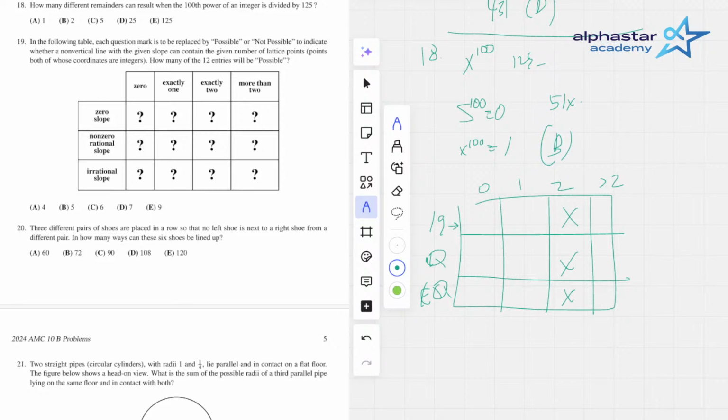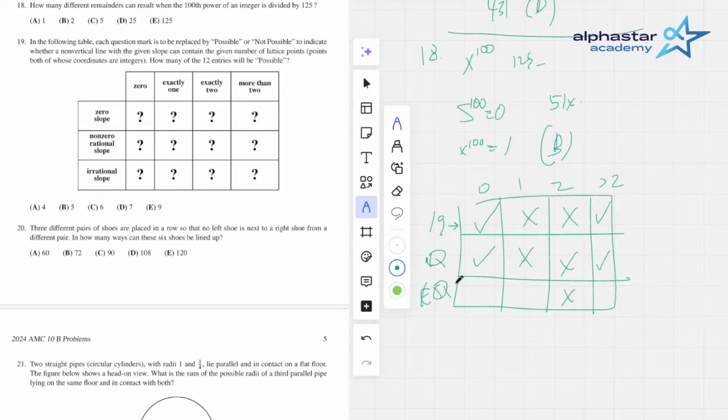Okay. Yeah, something with 0 slope can definitely pass through 0 lattice points. It can't pass through exactly 1, and it can pass through infinitely many, so that's good. A rational slope similarly can pass through 0 points, it cannot pass through exactly 1 point, and it can pass through infinitely many.